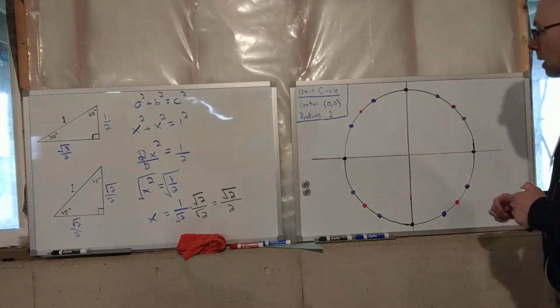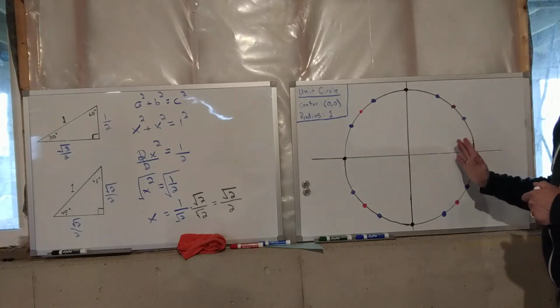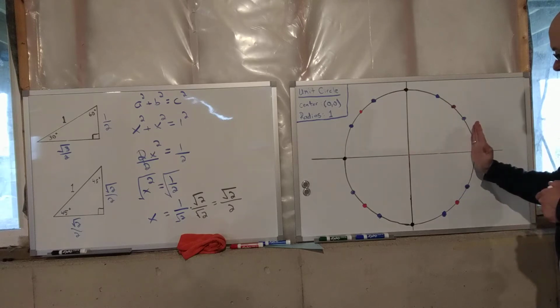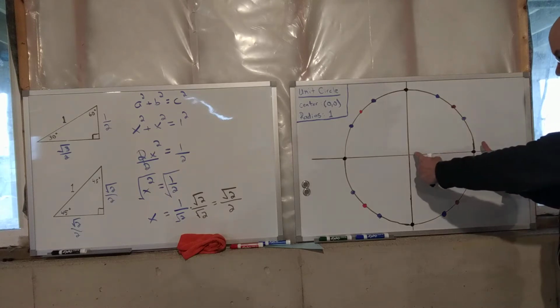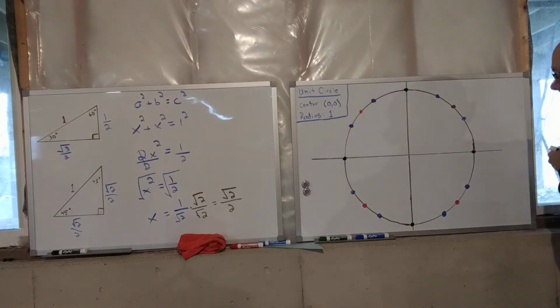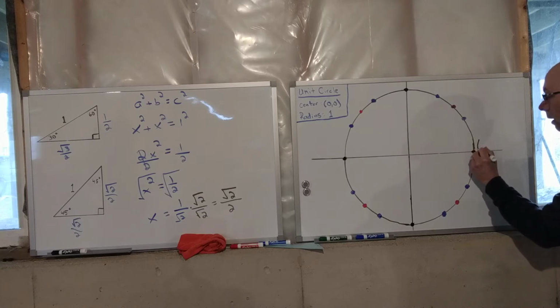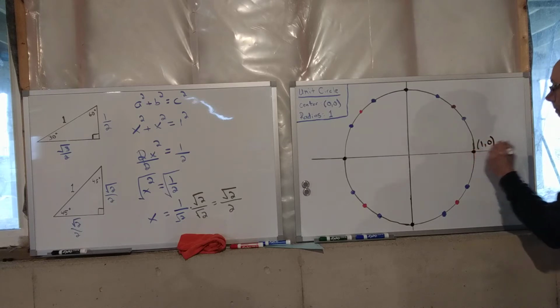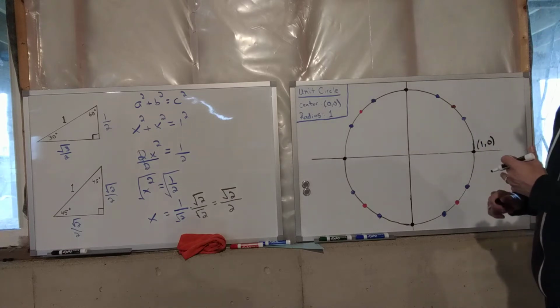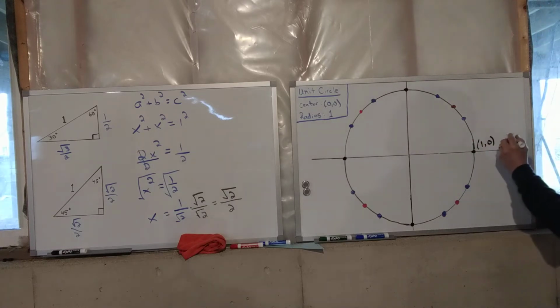If the radius of this circle is 1, from this origin straight to the right to this point, that's a length of 1. That makes this point instantly 1, 0. One space to the right, 0 spaces up. And that's the beginning of the unit circle, so we call that 0 degrees.